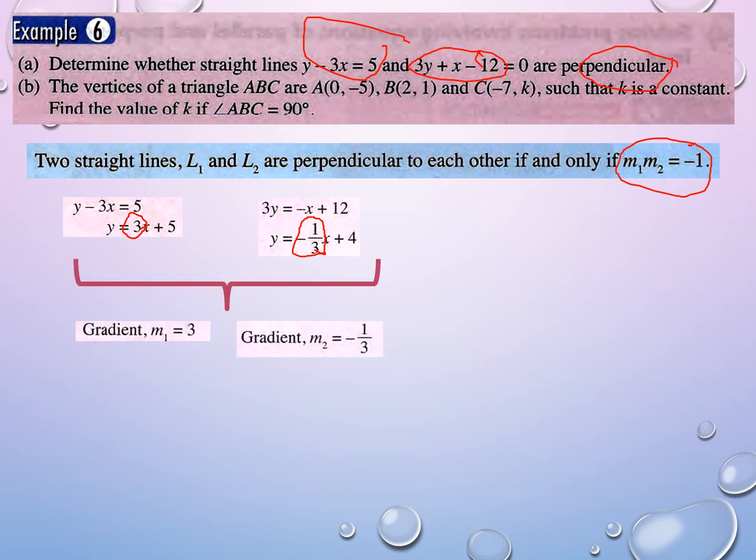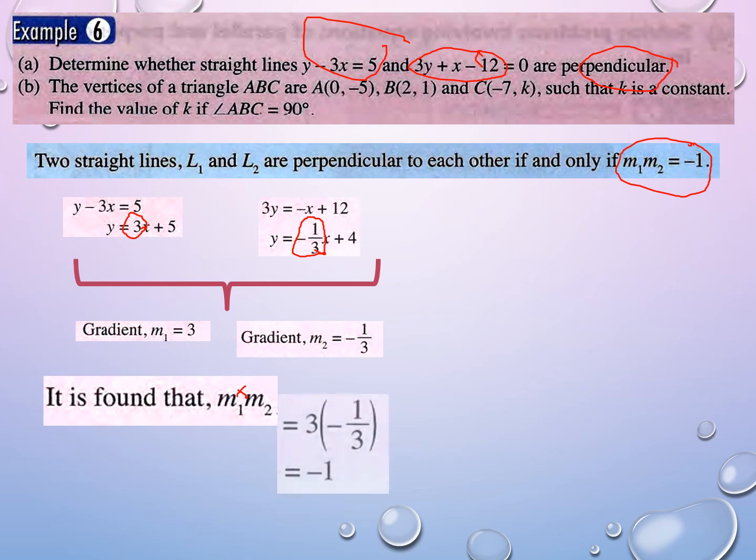So I take this gradient, then I multiply m1 by m2. When I multiply, we get 3 multiplied by negative 1 over 3, you have negative 1. So it shows that these two lines are actually perpendicular.